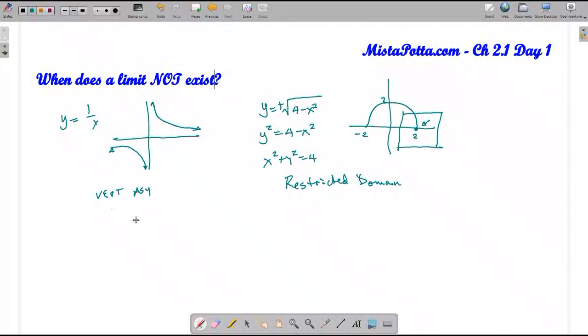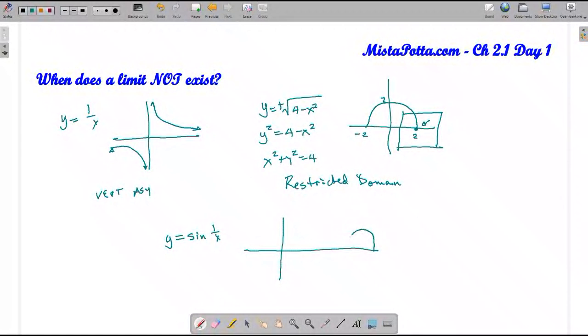and the last situation where a limit would not exist is if I have what we call an oscillating discontinuity. We'll talk more about discontinuities when we talk about continuous functions. But if I was to have a function like the sine of 1 over x, and I was to take a look at this graph, I know that at 2 pi sine is 0.